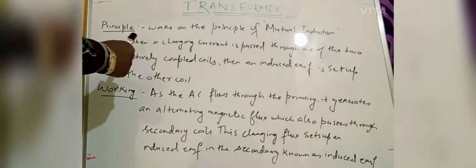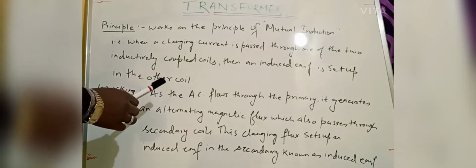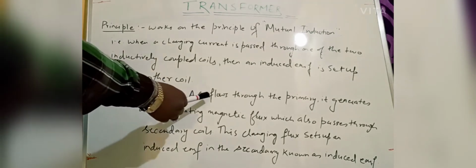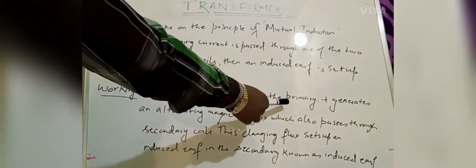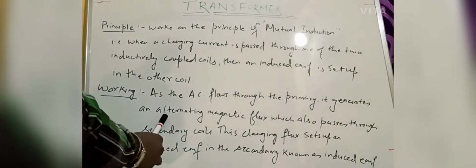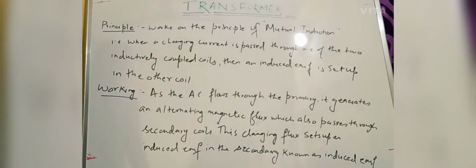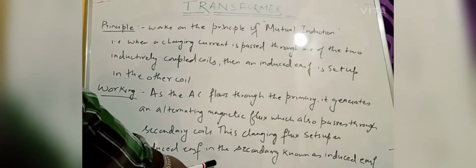Now the working: when AC, alternating current, flows through the primary, it generates an alternating magnetic flux which also passes through the secondary coil. This changing flux sets up an induced EMF in the secondary.